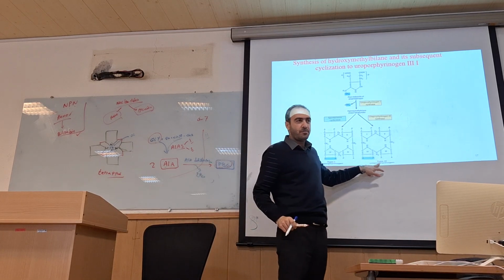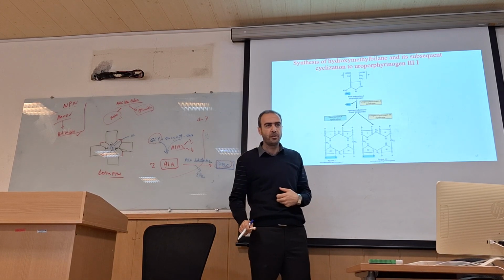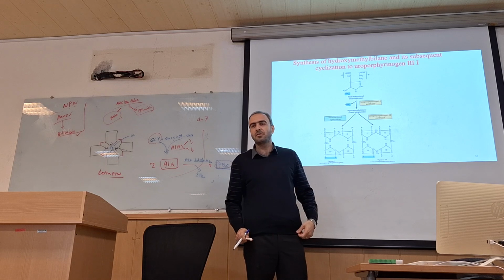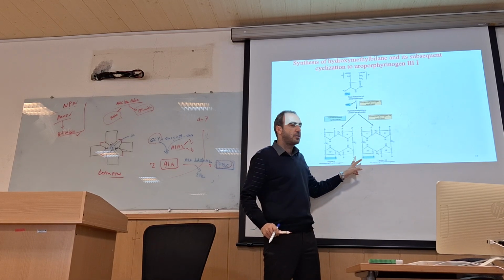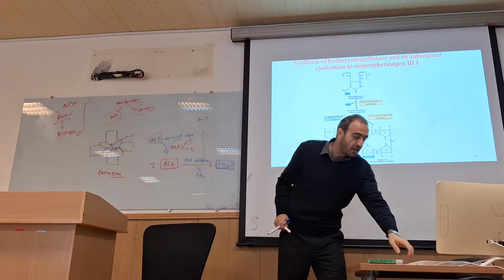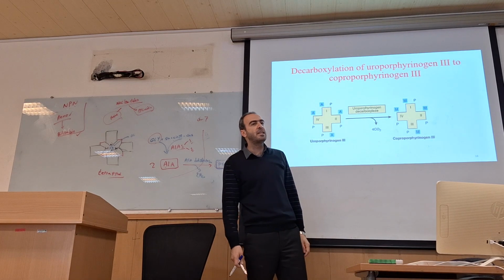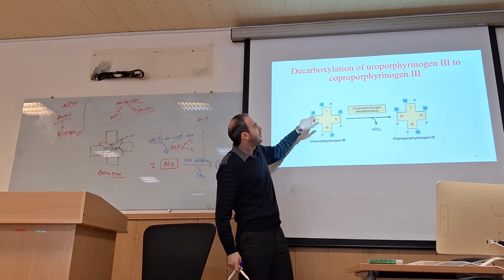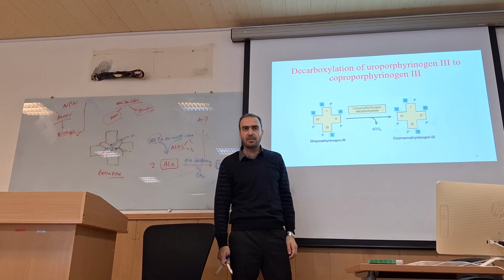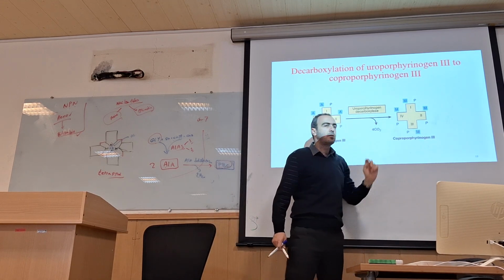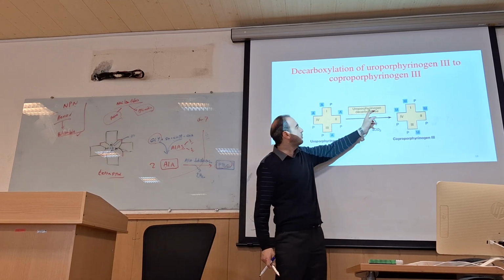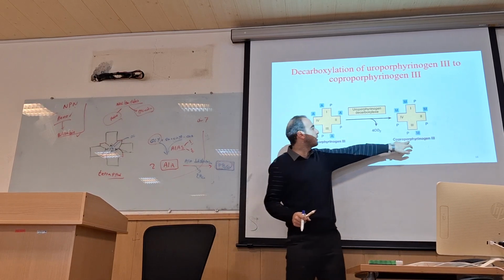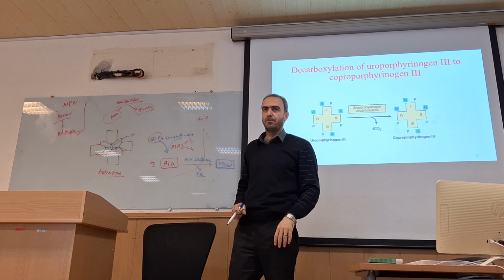So uroporphyrinogen is somehow a porphyrin, but it needs some change. Here we have acetate and propionate on the structure. In the next reaction, we have a decarboxylase, uroporphyrinogen decarboxylase, which removes CO2 from the acetate groups and converts them to methyl groups. 4 CO2 are removed from these acetate groups and coproporphyrinogen is produced for us.